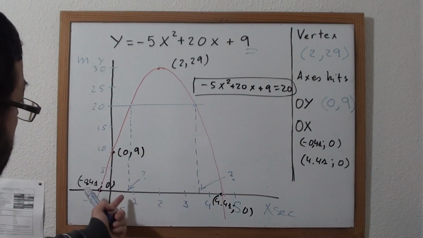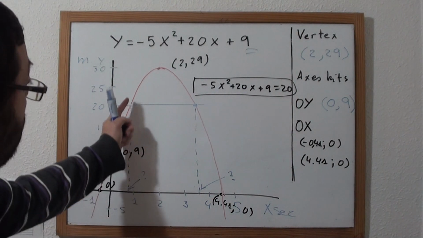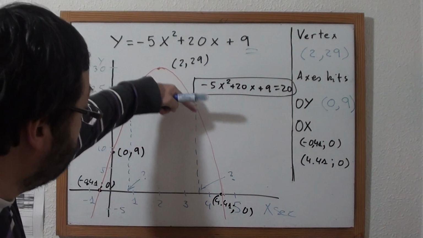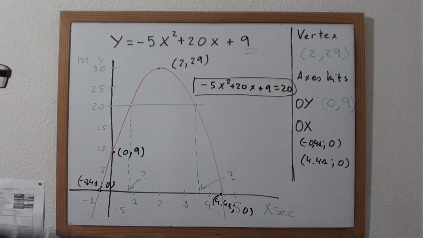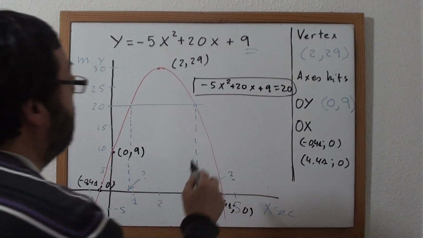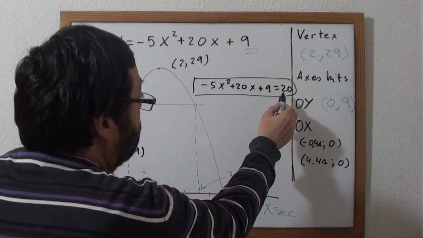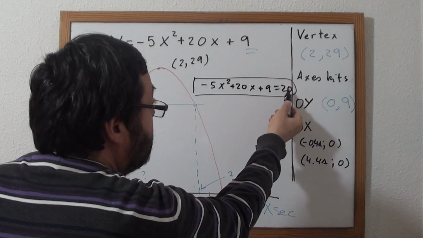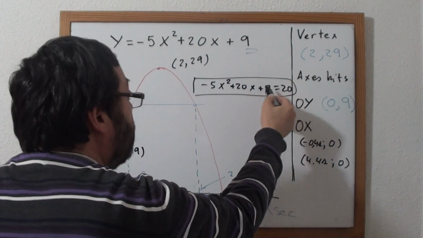The values of the x that make this equation true are this and this. So I have the second in which the bullet goes over 20 meters and the second in which it passes 20 meters down. To solve this, remember we need a 0 here, so we move this 20 over here.